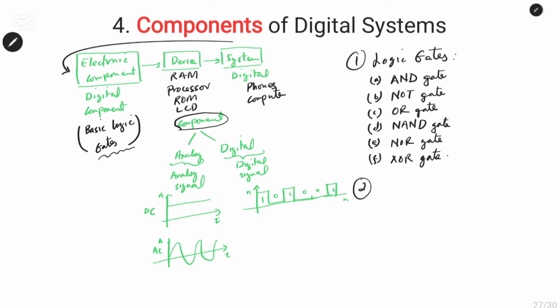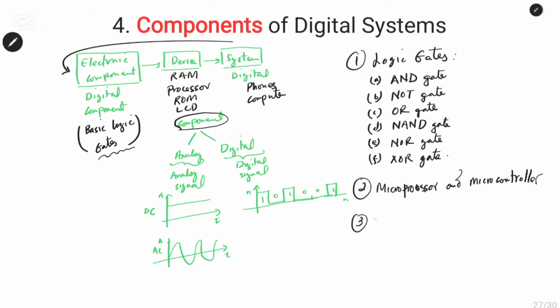The second component that we will be looking at is the microprocessor and the microcontroller. Such system can be used to process information in a system.